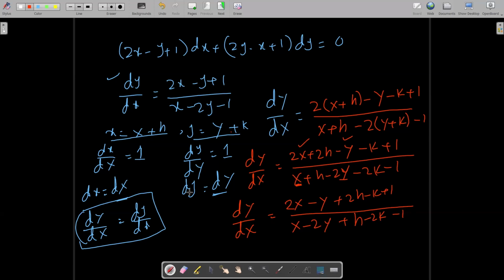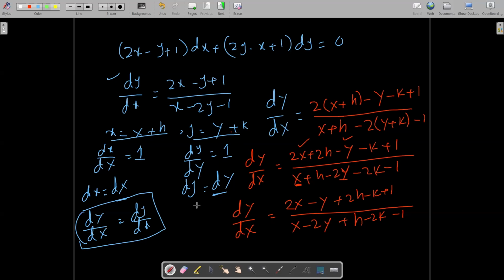Now, what's the next step? Did you remember that? You have to write 2h minus k plus 1 equals 0 and h minus 2k minus 1 equals 0, and solve the system. Exactly.